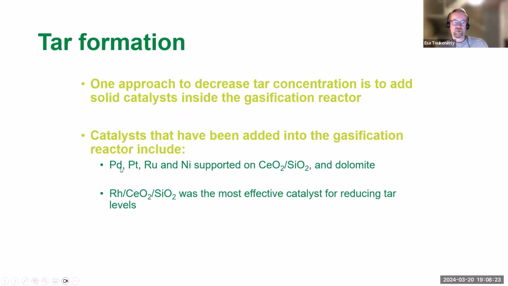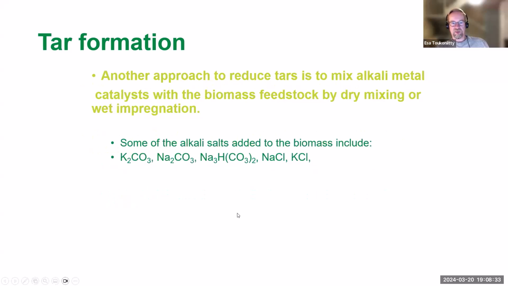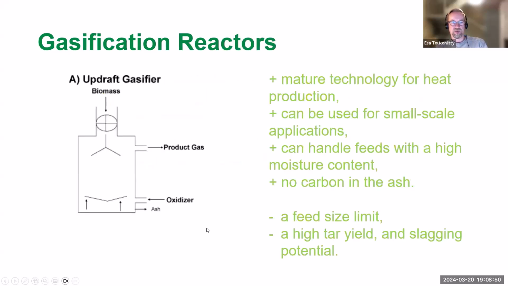These palladium, ruthenium, platinum are quite expensive materials, so this cannot be used in a similar way. But some alkaline containing materials catalytically help to convert tar into useful and less problematic materials in the reactor.